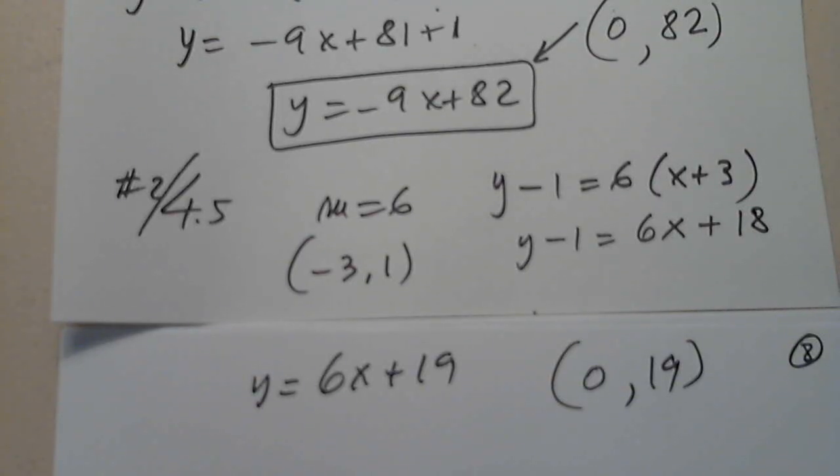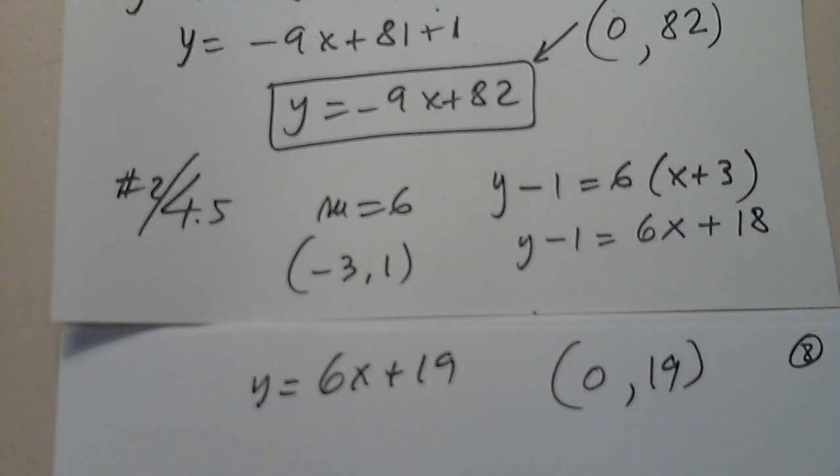Graph the line that contains this point and has this slope. Find the point slope form of the equation. So if you want to graph it, there is no problem here.